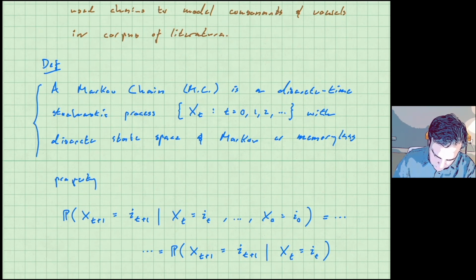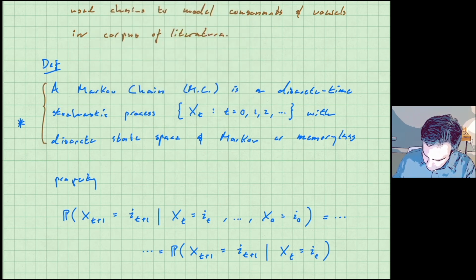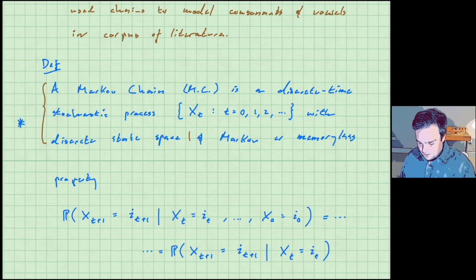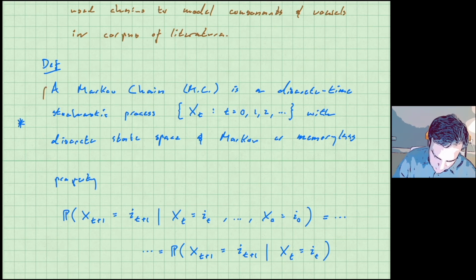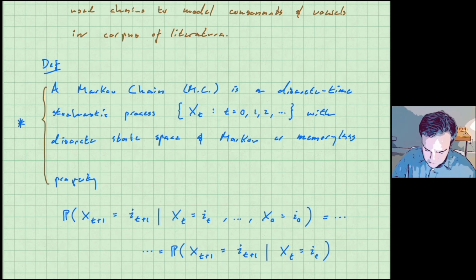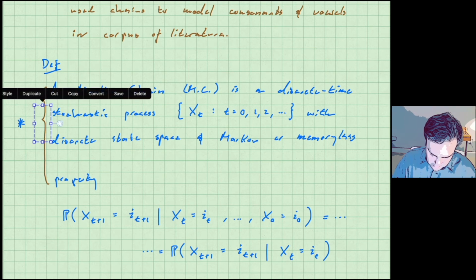Star is this stuff here, up to here. What we're going to do is rename what the Markov or memoryless property is. So you could put this whole paragraph down there, and you can carry on.